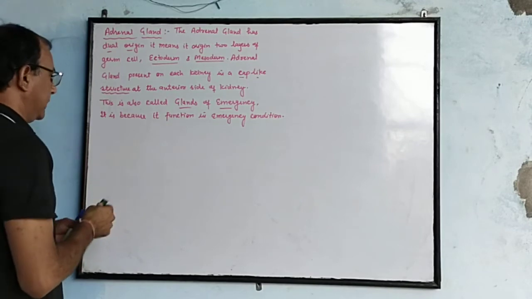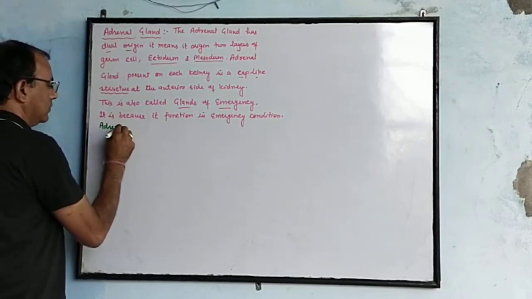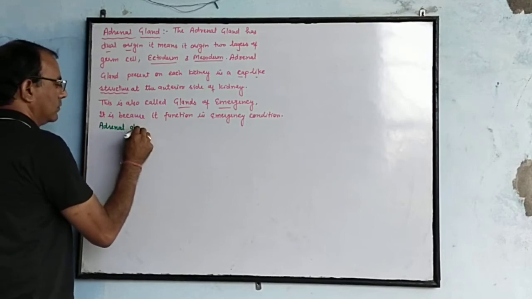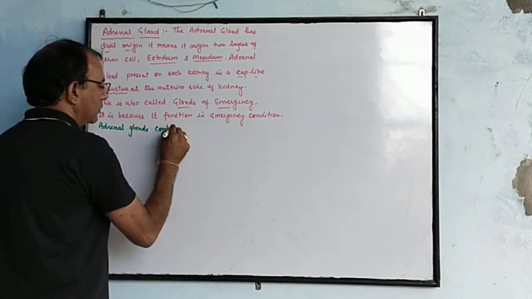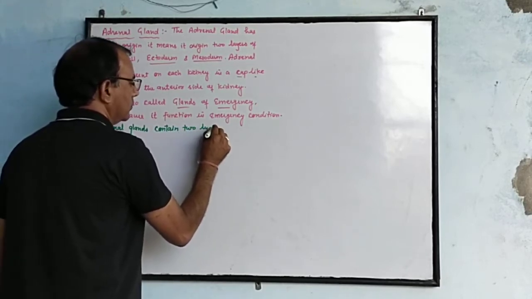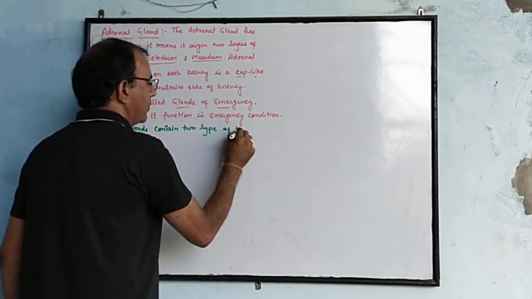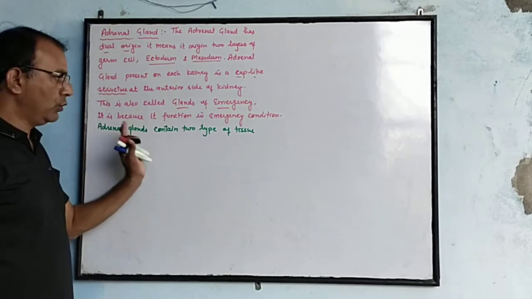The adrenal gland contains two types of tissue, or we can say that it consists of two parts.